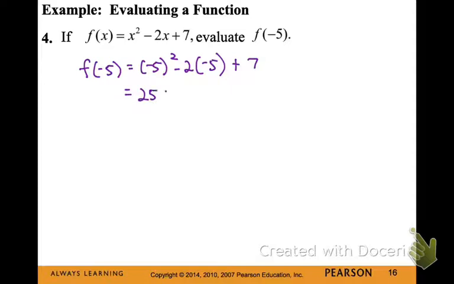Working left to right, we have 25 plus 10 plus 7. 35 plus 7 is 42. Then I'm going to bring down that function notation to show that f of negative 5 equals 42. Function notation is nice because it's descriptive. I can tell at a glance that when I plug in negative 5 into this function, I get positive 42.